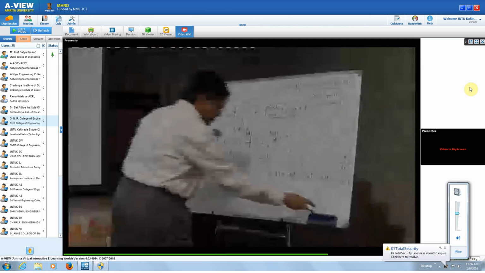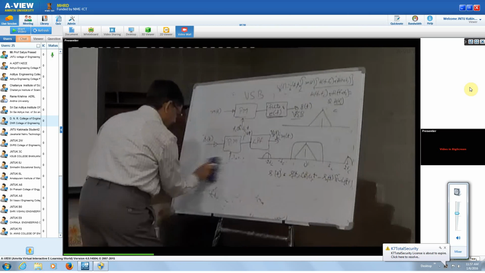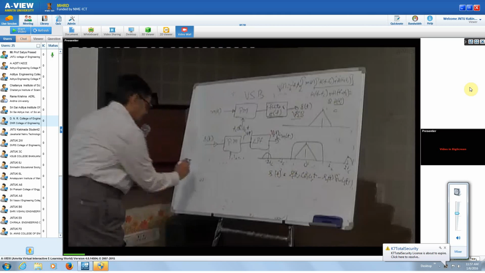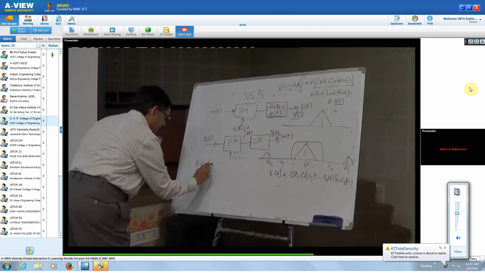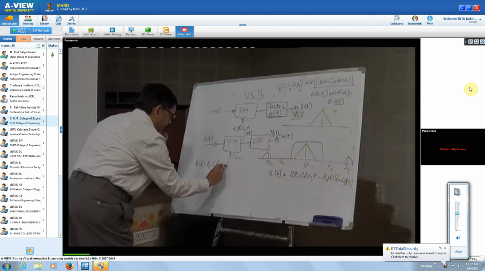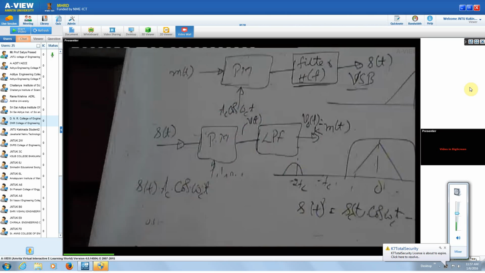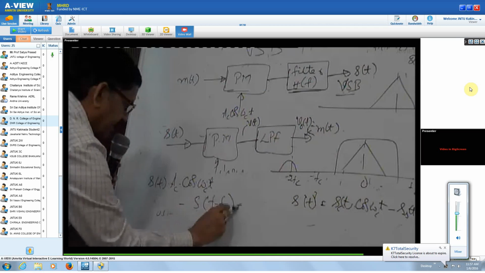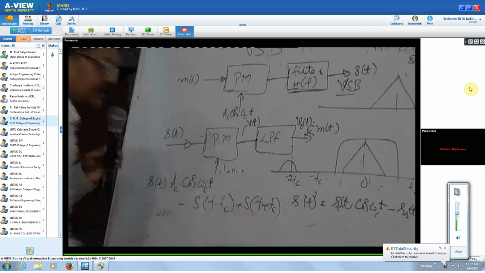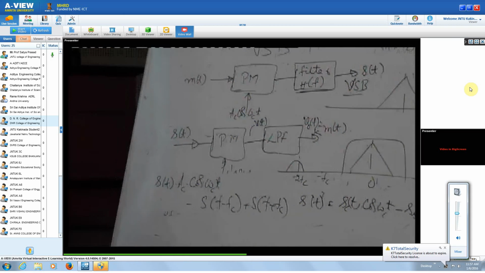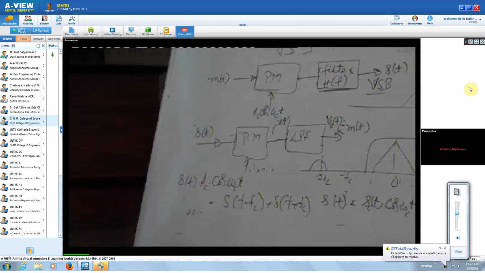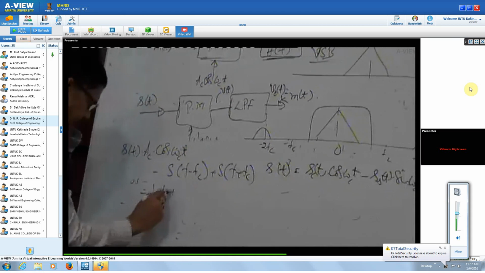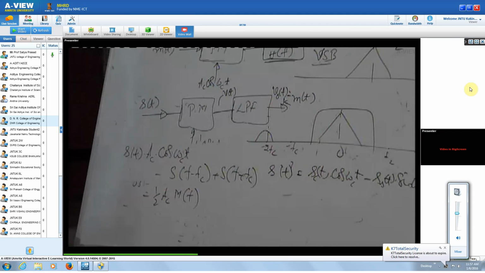So if you multiply this S of t with some cos omega ct, or this in the spectral domain, S of f minus fc plus S of f plus fc, this gives you for this one 1 by 2 AC m of f.